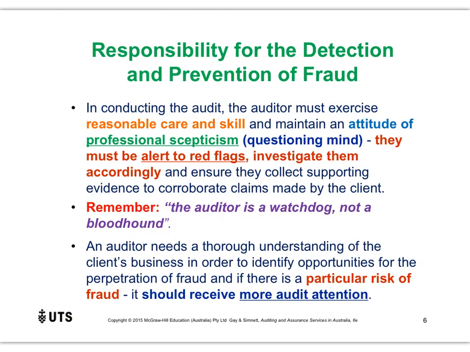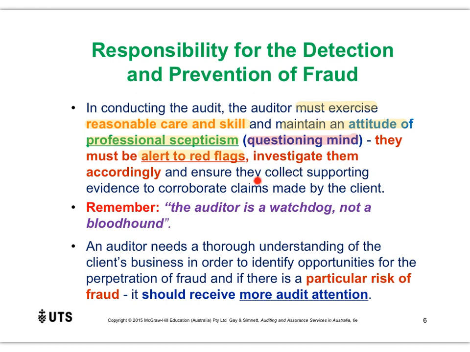So in conclusion, when we conduct the audit, we as the auditor must exercise reasonable care and reasonable skill, and we must maintain an attitude of professional skepticism. Remember, professional skepticism means we need to have a questioning mind. We need to be alert to red flags. We need to investigate them accordingly.